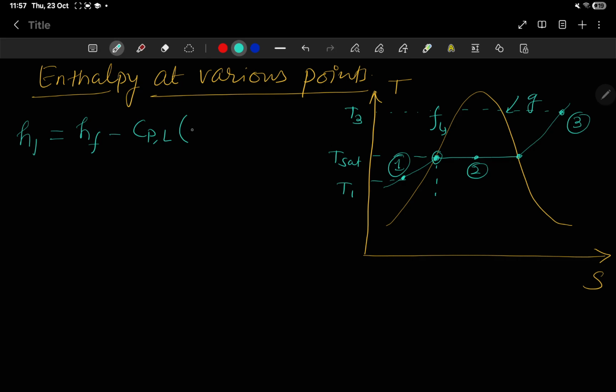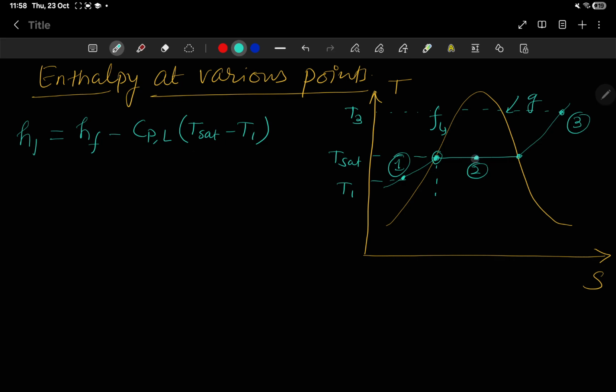So this will be Cp liquid times Tsat minus T1. Okay, we know how we define enthalpy, right? This is specific enthalpy, small h is for specific enthalpy. So this will be Cp dT. So first we calculate the enthalpy at F, and subtract this.